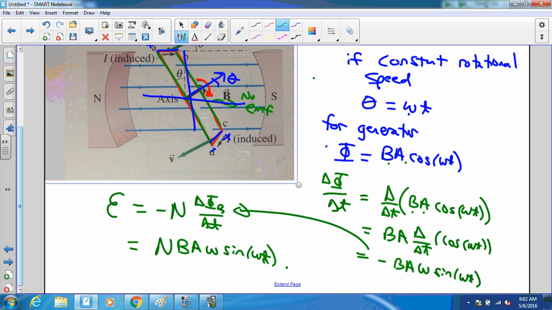And this is our generator equation, Grant, that you were asking about earlier. This is where it comes from. And it has some really interesting implications for us, which leads to a food fight between Tesla and Edison.